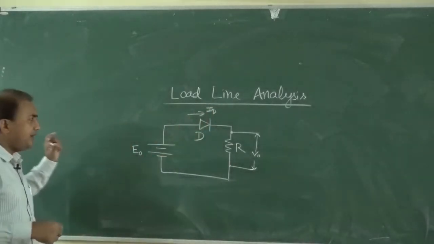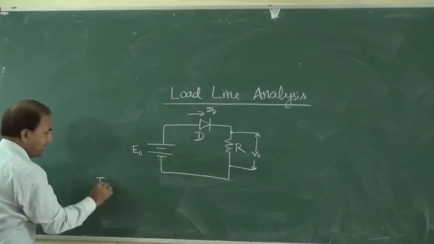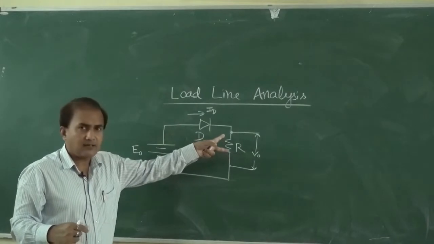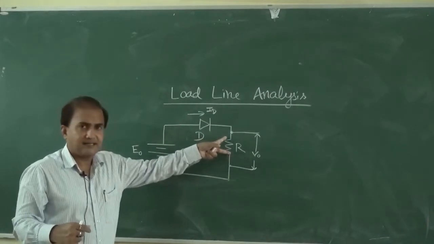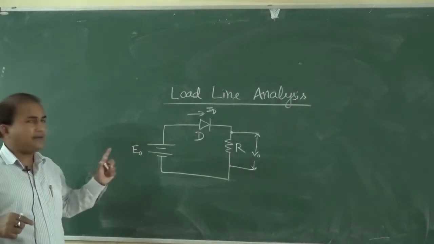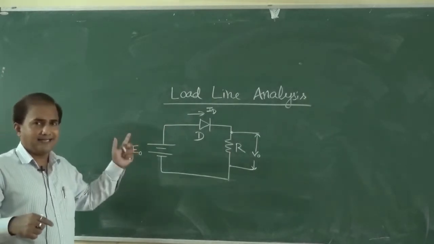So how can we determine ID, VD and the voltage across this resistor by using a graphical method? This can be done by using load line analysis.